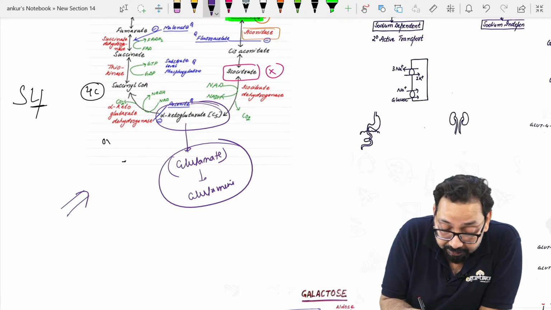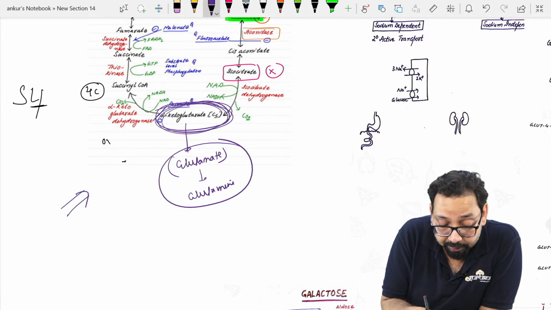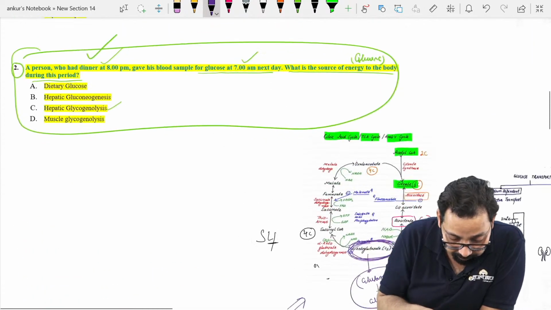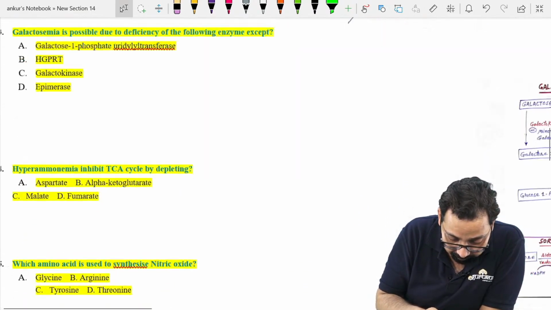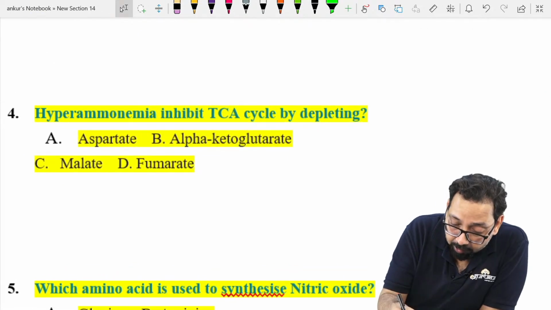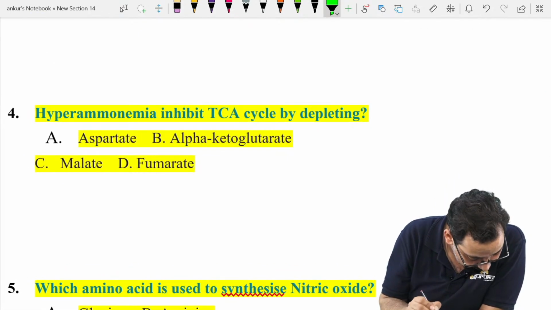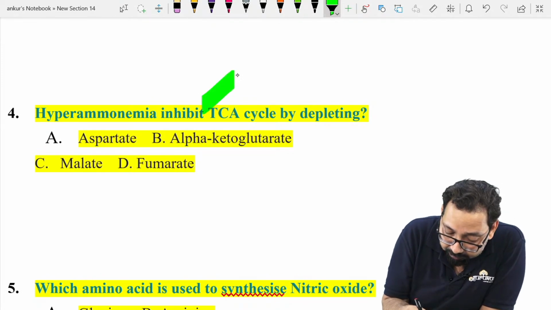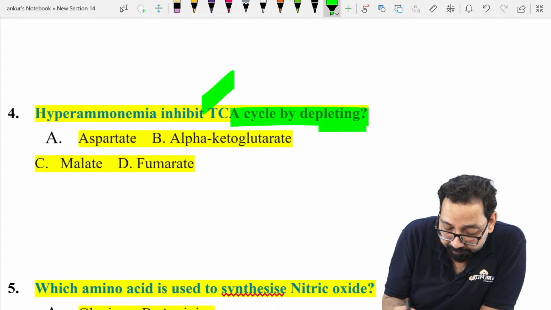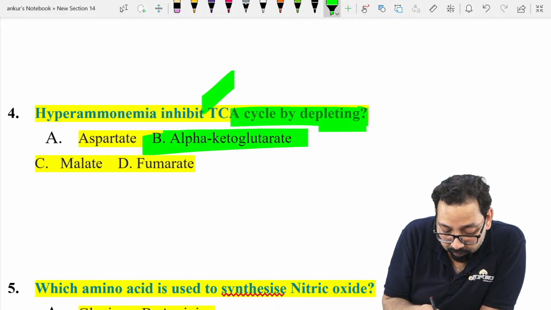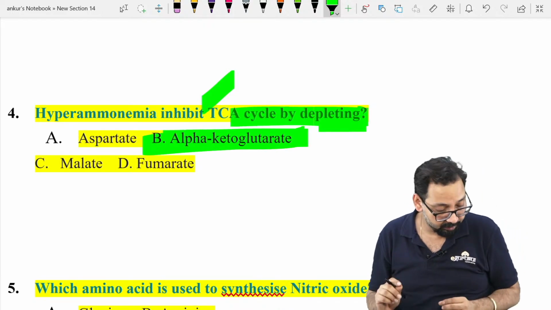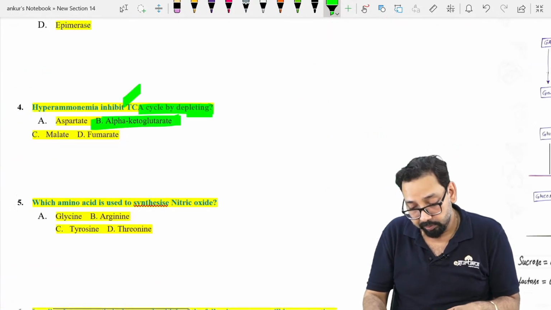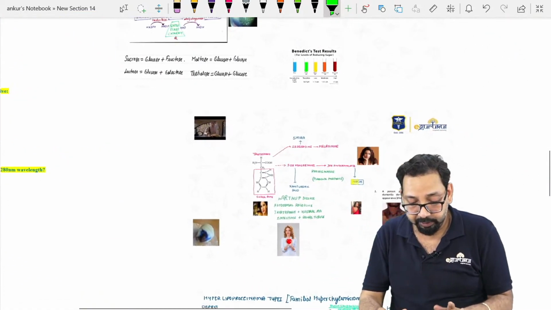Because of depletion of which compound? Hyperammonemia inhibits the TCA cycle by depleting alpha ketoglutarate. Clear? Alpha ketoglutarate.